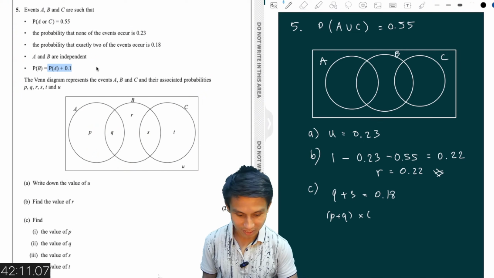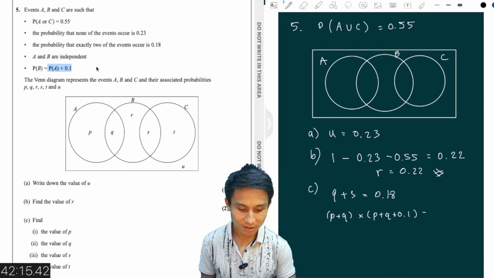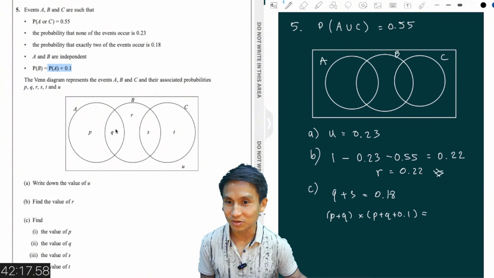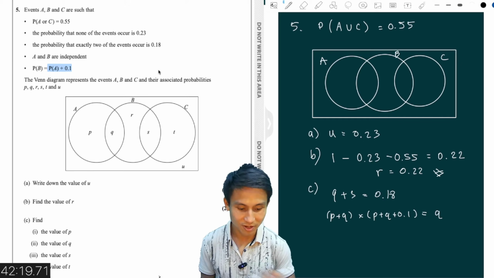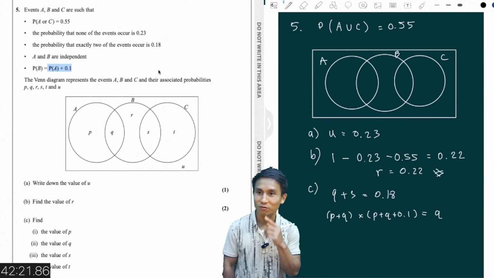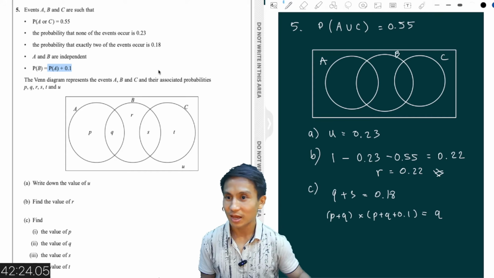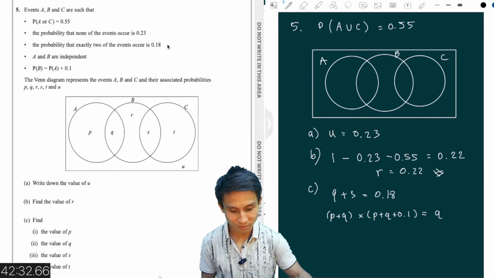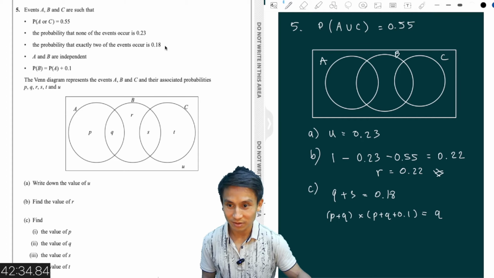So we're just going to do P plus Q times P plus Q plus 0.1 equals P(A intersect B), which is Q. So that's another equation from being independent. Let's see how that's going to help us find the other parts.